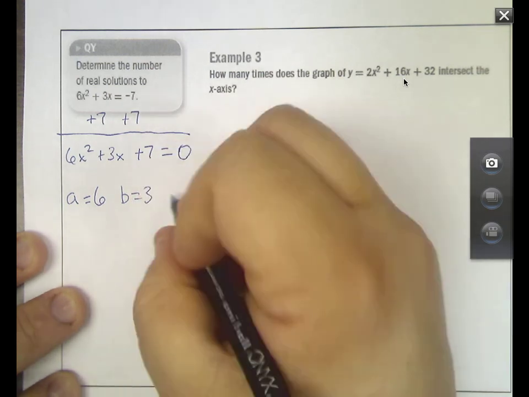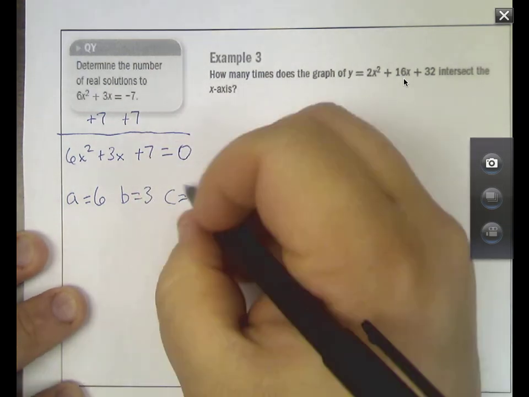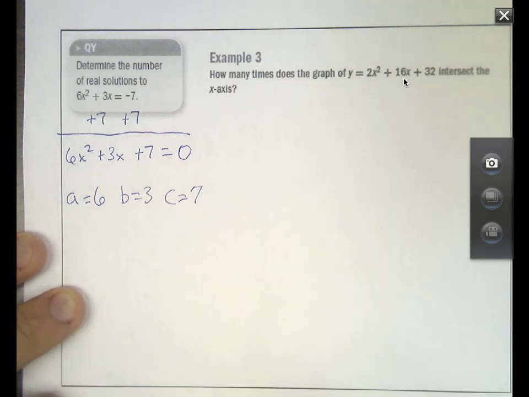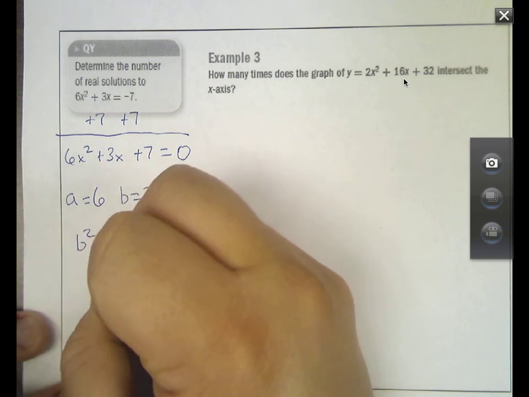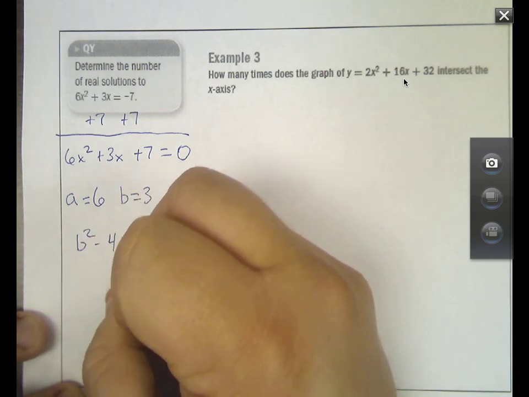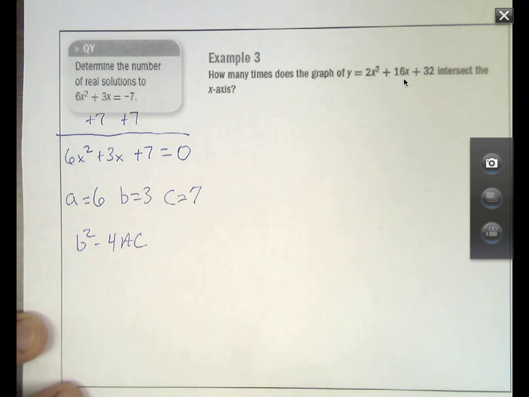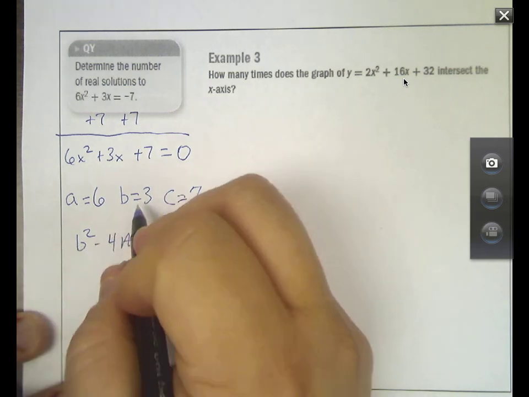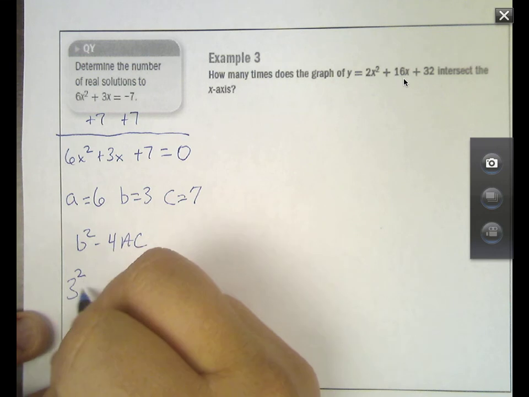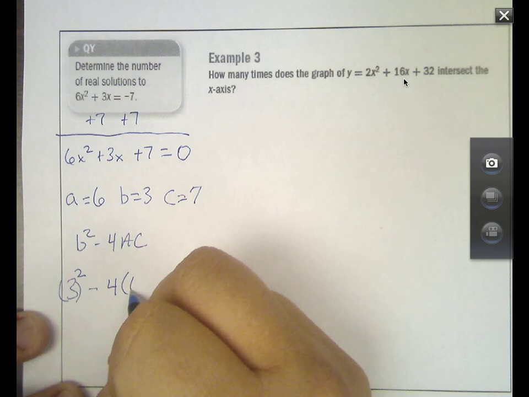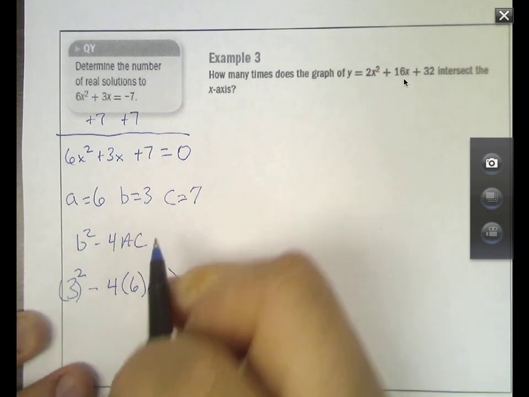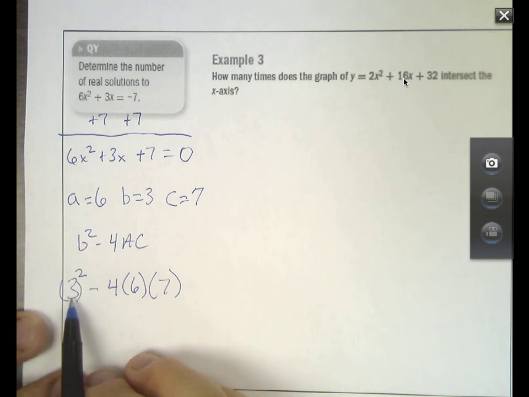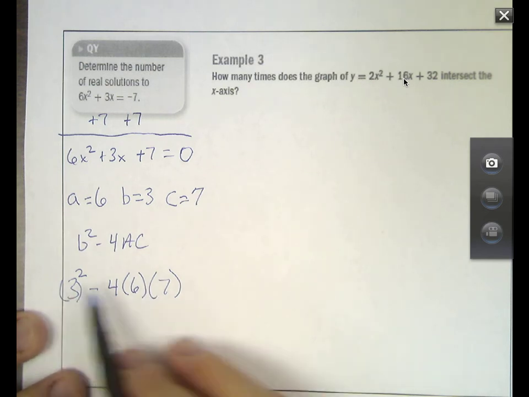My A is a +6. My B is a +3. My C is a +7. Put it into my equation. B squared minus 4AC is my equation. B is 3, so it's 3 squared minus 4 times A is 6 and times C is 7.